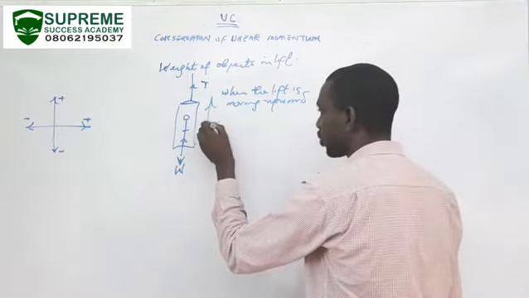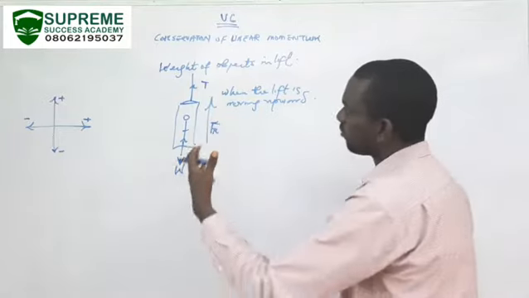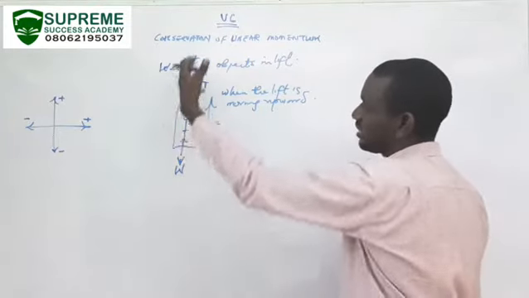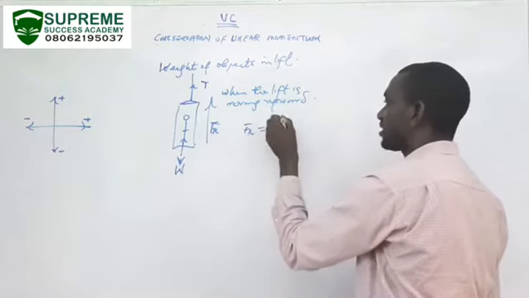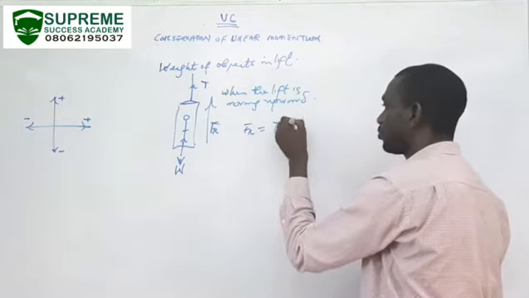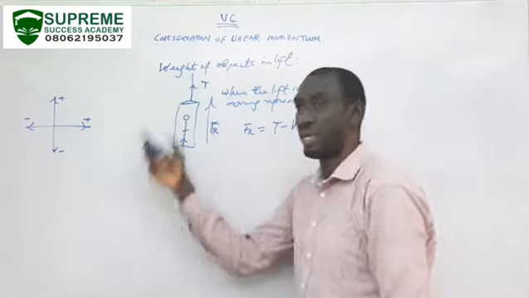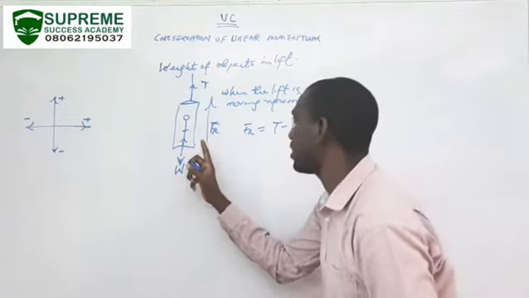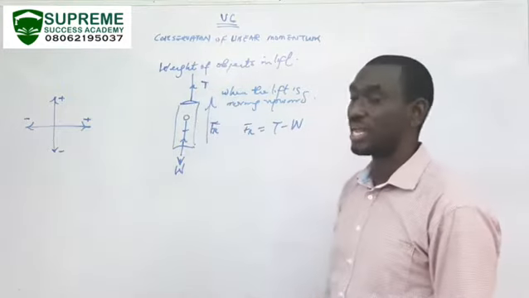You have your resultant force, Fr. So when we have two forces in different directions, your resultant force will be T minus W. Why do we say T minus W and not W minus T? It's because the lift is moving upward, which means your tension is greater than the weight.